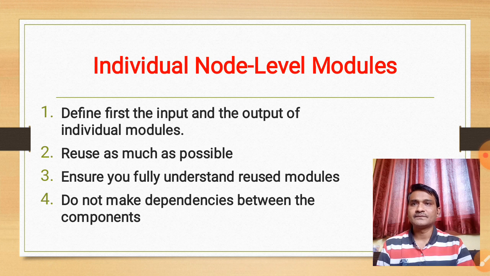And the fourth one, do not make dependencies between the components. This is one of the most important concepts as it allows you to test individual components separately from each other and reuse them for other applications. Do not make any assumptions about which module does what, but implement the module in a self-sustainable way.